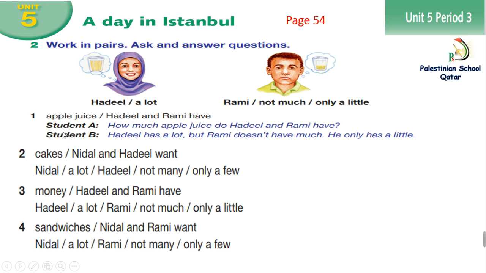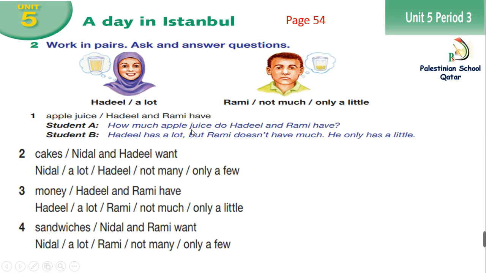Number one, student A, student B, and use the words given here. Number one, apple juice, Hadil and Rami have, and be careful about have. We need to ask a question and answer the question. How much? Why how much? Because apple juice is uncountable.